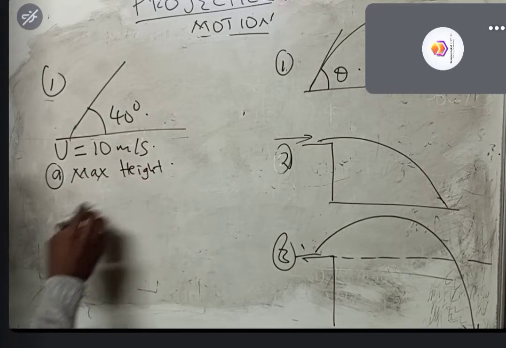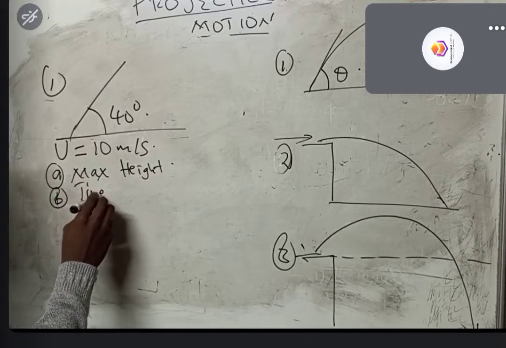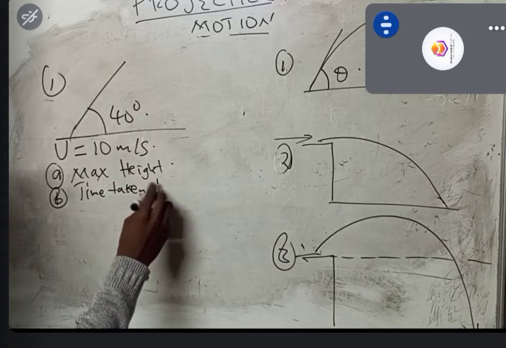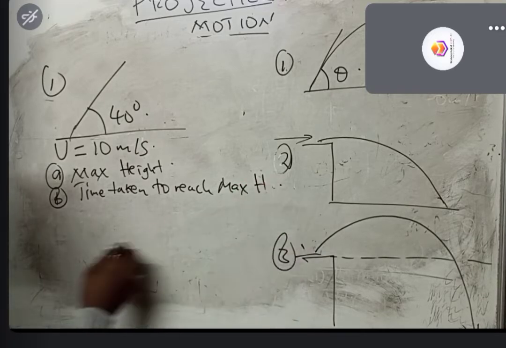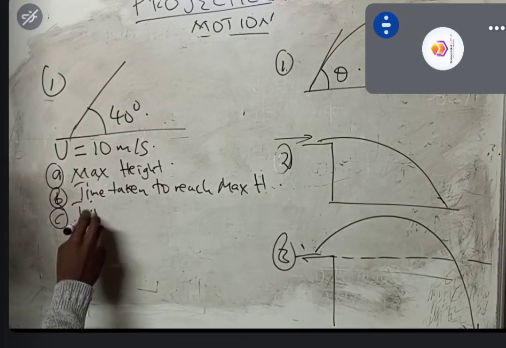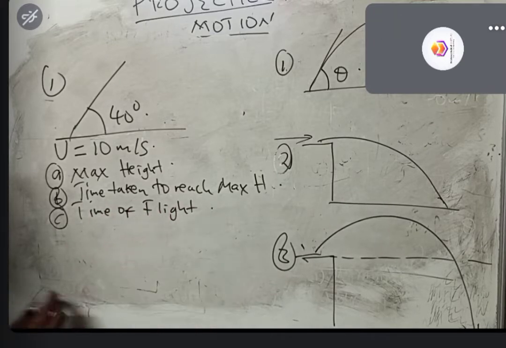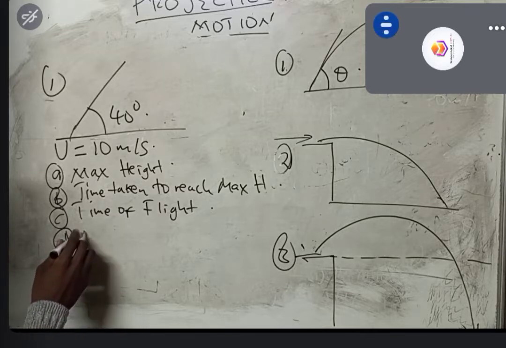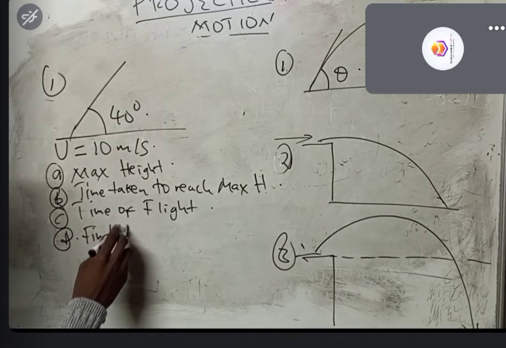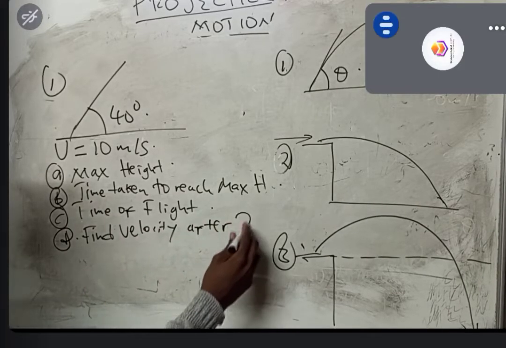Find the time taken to reach a maximum height. They also ask you the time of flight. They can also ask you to find the velocity after 2 seconds.